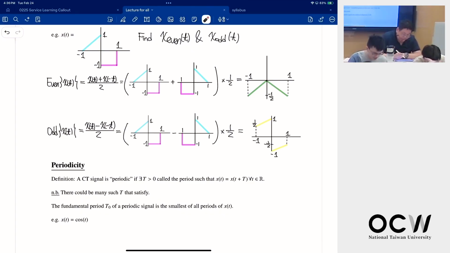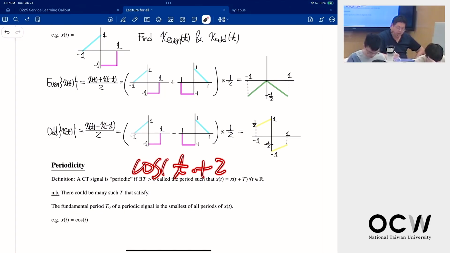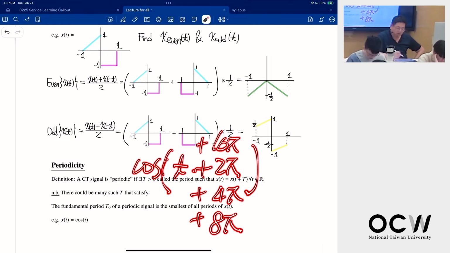Since we have so many T that satisfy that equation, we have the fundamental period T naught. We call this fundamental period T naught the smallest of all periods of x. For example, cosine of t plus 2 pi, cosine of t plus 4 pi, plus 8 pi, plus 16 pi, they are still equal to cosine t, right?